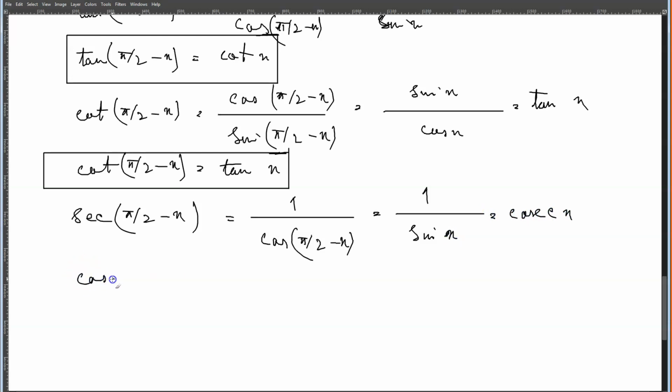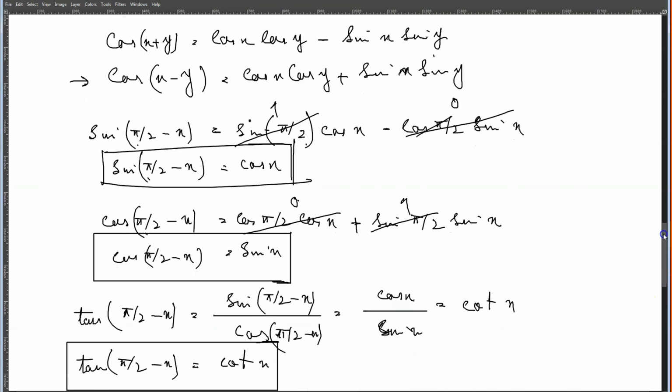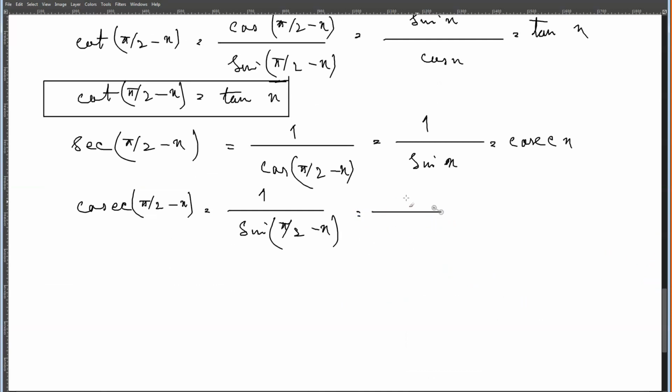And the cosecant of pi by 2 minus x is equal to 1 over sine of pi by 2 minus x. Sine of pi by 2 minus x is equal to cos x, so that's 1 over cos x, which is equal to secant x. So that means that the cosecant of pi by 2 minus x is equal to secant x.